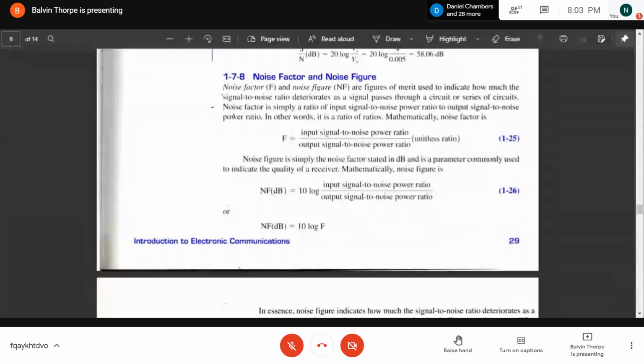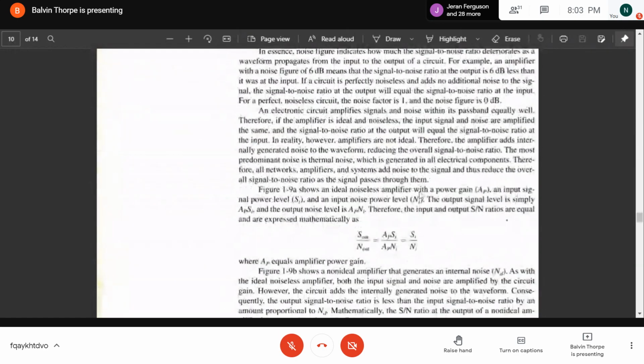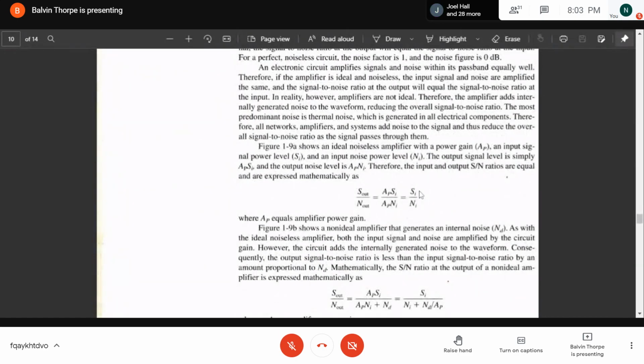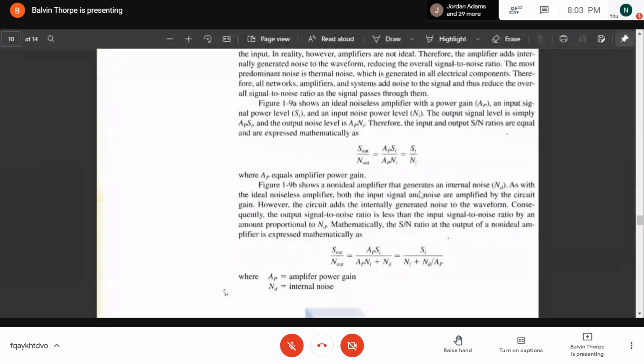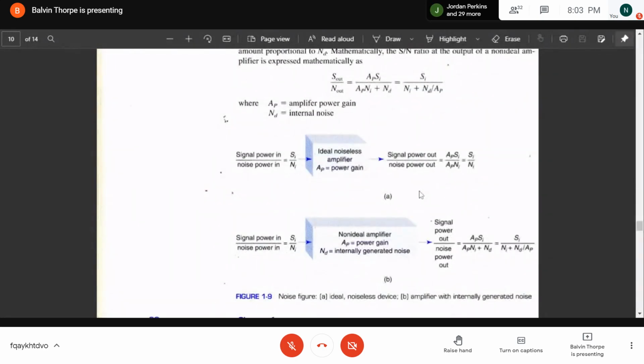So noise figure is just finding the dB power ratio of the noise factor. Am I clear? Yes, sir. Okay.